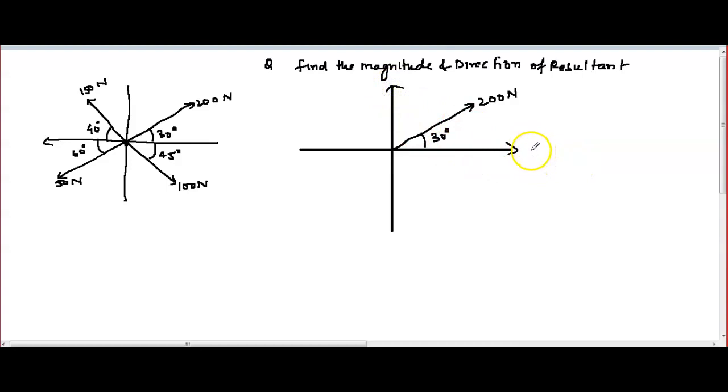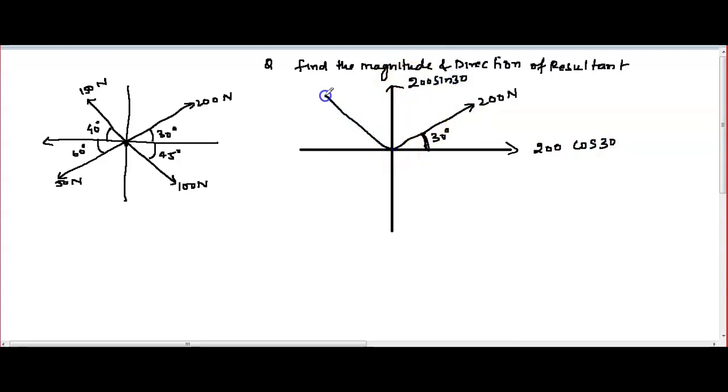Tell me. 200 cos 30, 200 sin 30. If you don't want to take this one, I can take 60 and write 200 cos 60, 200 sin 60. The value will be the same because sin 30 and cos 60 are the same. So 200 cos 30 and 200 sin 30.